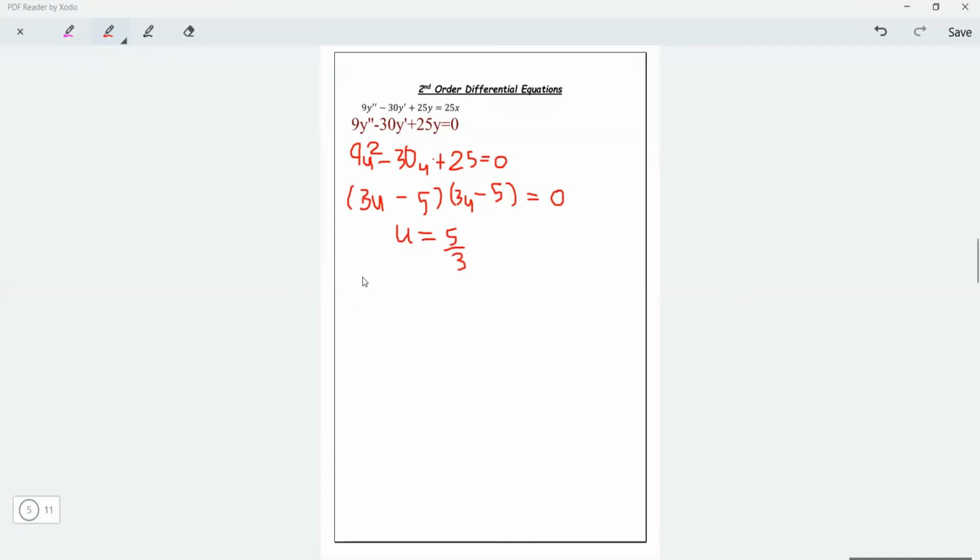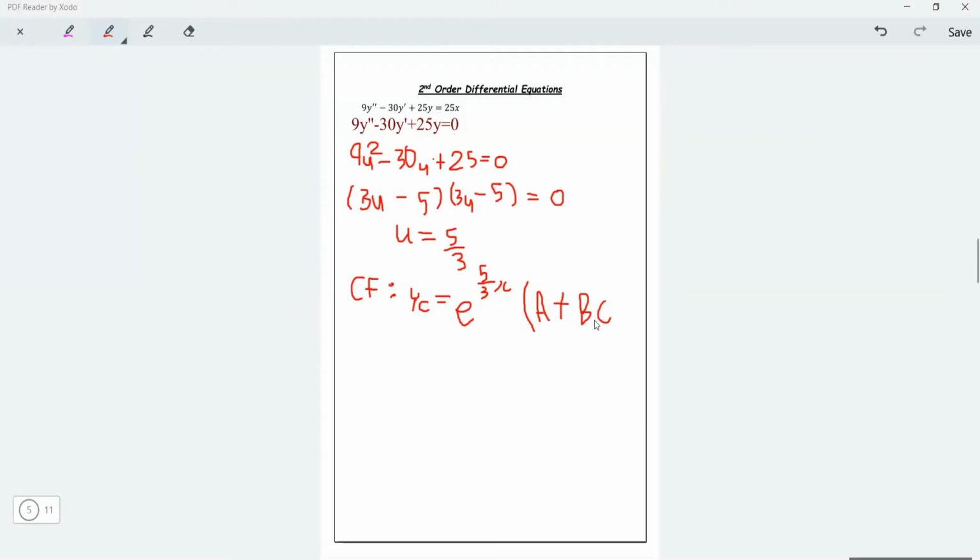Therefore the complementary function, which I like to call yc, is equal to e to the u times x, or e to the 5 over 3 times x, times in brackets a plus bx.